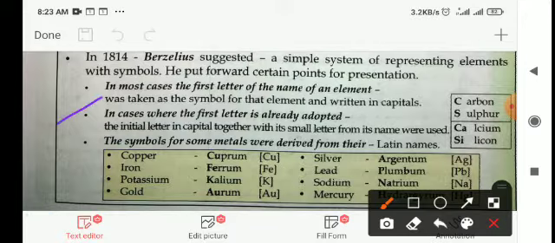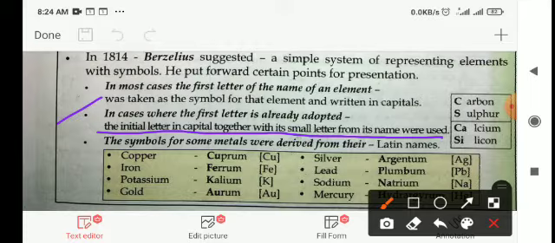In the second case, where the first letter is already adopted, the initial letter in capital together with a small letter from its name was used. If the first letter is already used, then we take the second letter in small letter with the symbol.